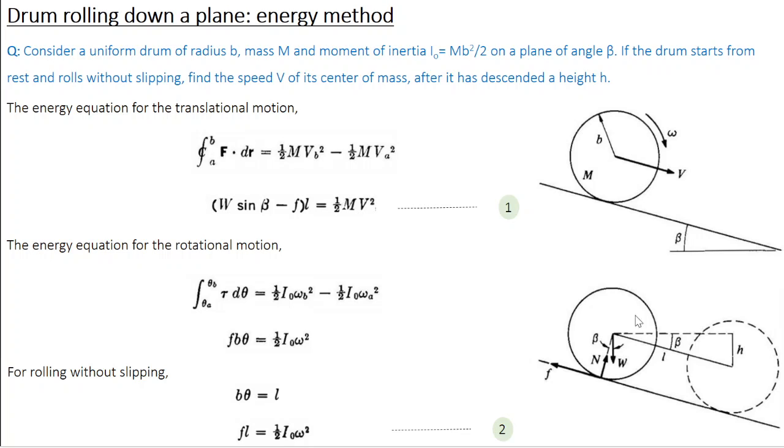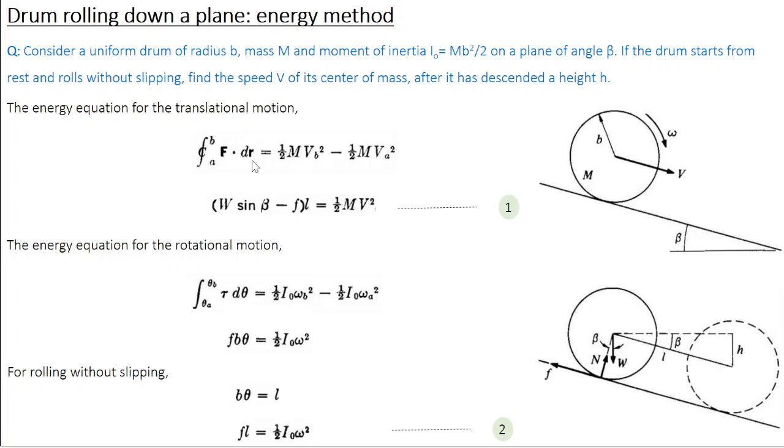Now assume that omega is the uniform angular velocity with which the drum is rolling down, and capital V is the linear or translational velocity. Our aim is to find an expression for capital V. Now let's write down the energy equation for the translational motion.